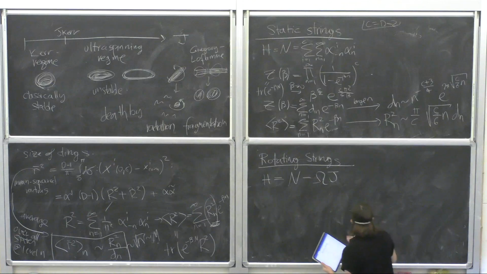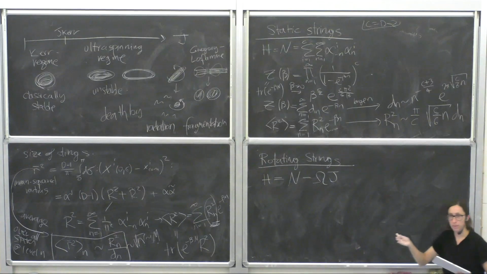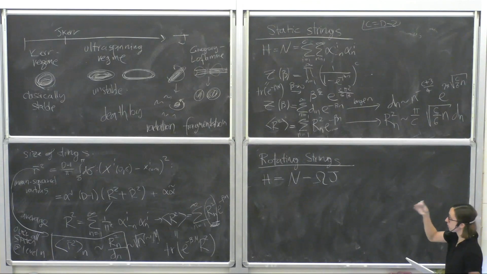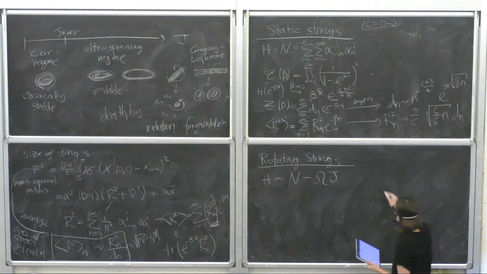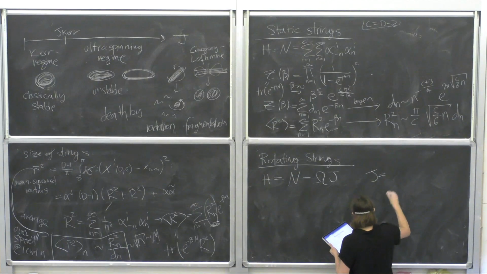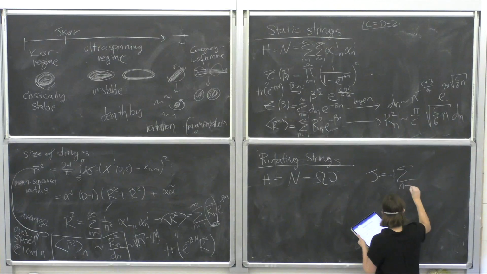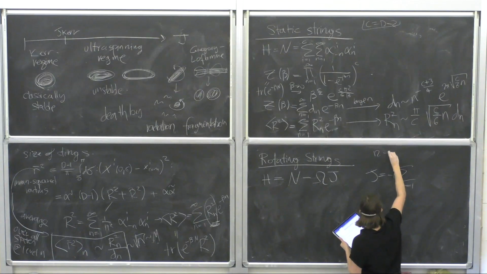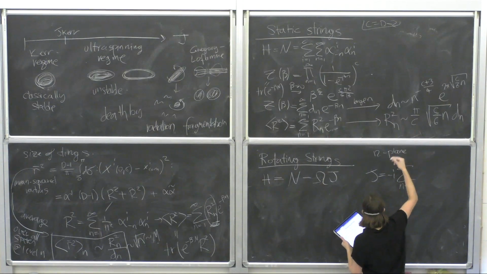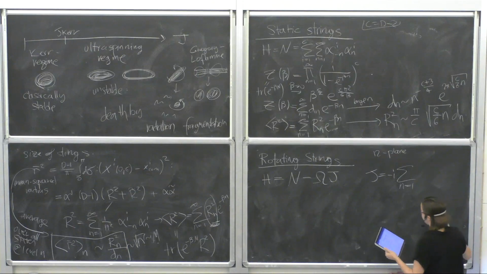So if you write down your angular momentum, let's say we want to have it in a 1-2 plane, then you can spin it up in the following way. Spin in the 1-2 plane will involve the oscillators 1 and 2.